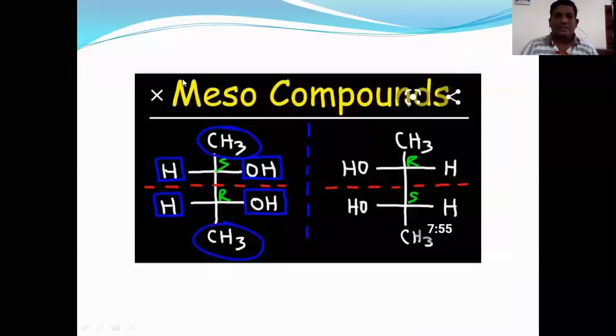Now we can have another example of a meso compound. You see this. This carbon is chiral, and this carbon is chiral. OH on the right hand side, OH on the right hand side.